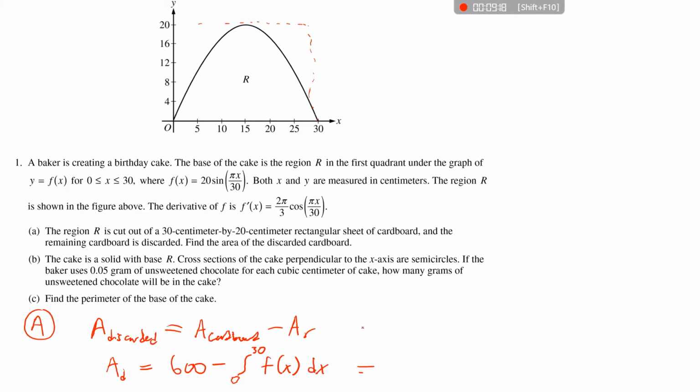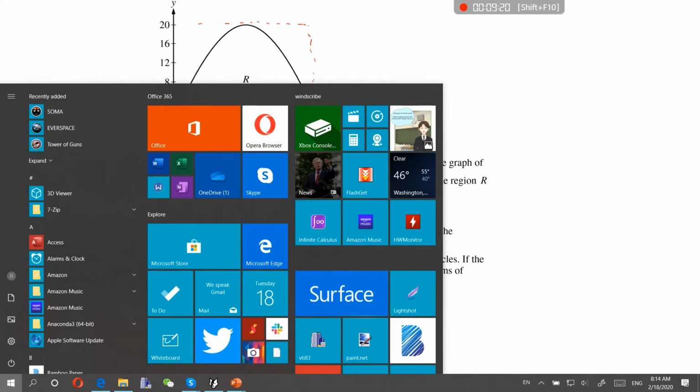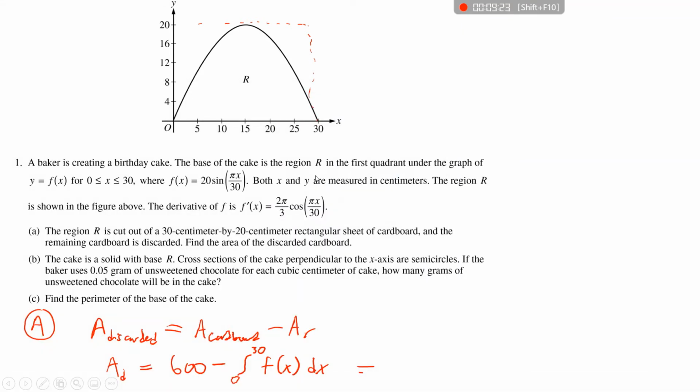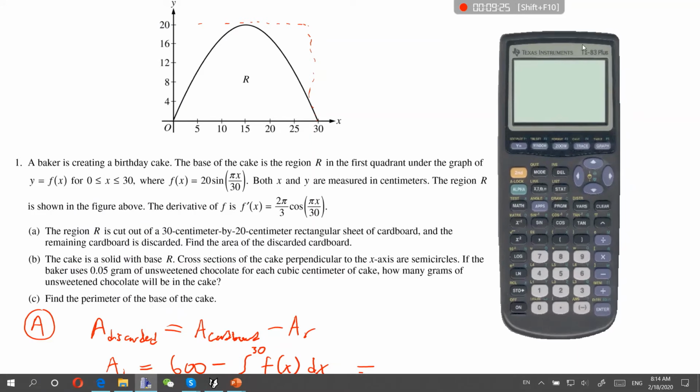So if we work that out, our function of x is 20 times the sine of pi over 30 times x.